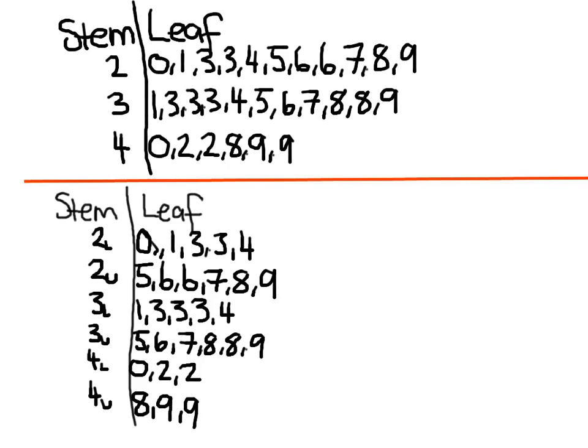So there's our stem and leaf plot using lower and upper groups, and we can see straight away that they're a bit more spread out and it's easier to see all of those individual numbers. And just like always, we always need to put a key. So I might use the last number this time.